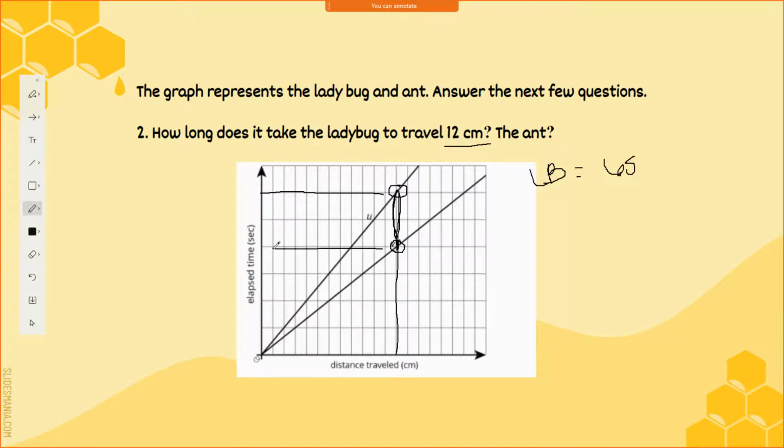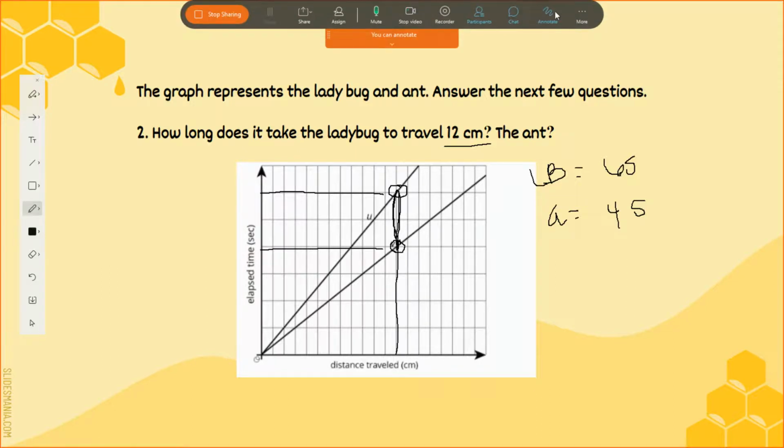But for my ant, it's 1 second, 2 seconds, 3 seconds, 4 seconds. As you're doing this, you're probably thinking, wow, this would have been a lot easier had these been labeled on the axis. This would have been a lot easier if this had said 1, 2, 3, and so on.